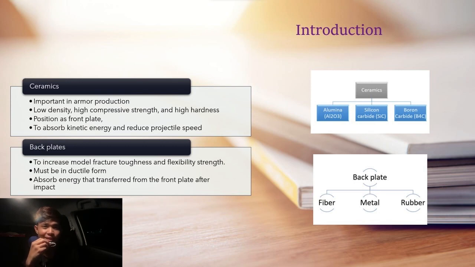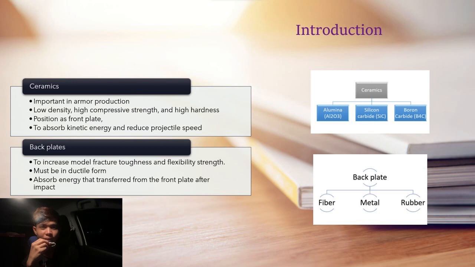Even though ceramic is good for armor, the material is very brittle. Due to that, the model can be upgraded by applying backplates behind the ceramic. It is to increase the fracture toughness and the flexural strength of the model.